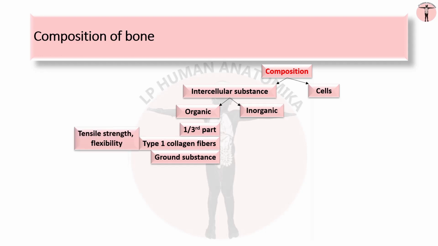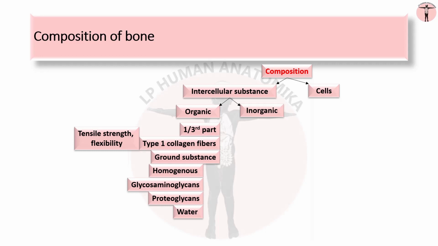They provide tensile strength and flexibility to the bones. The ground or cement substance is homogeneous and comprises glycosaminoglycans, proteoglycans and water. Proteoglycans, the most important being chondroitin sulfate, and structural glycoprotein help adhesion of bone cells with the collagen fibers.